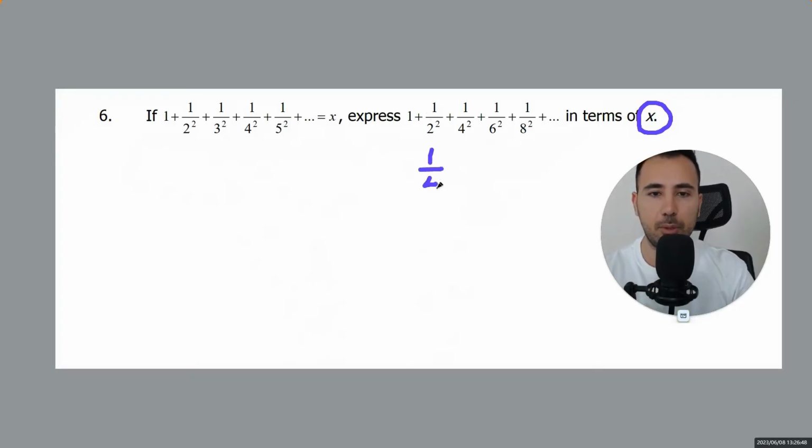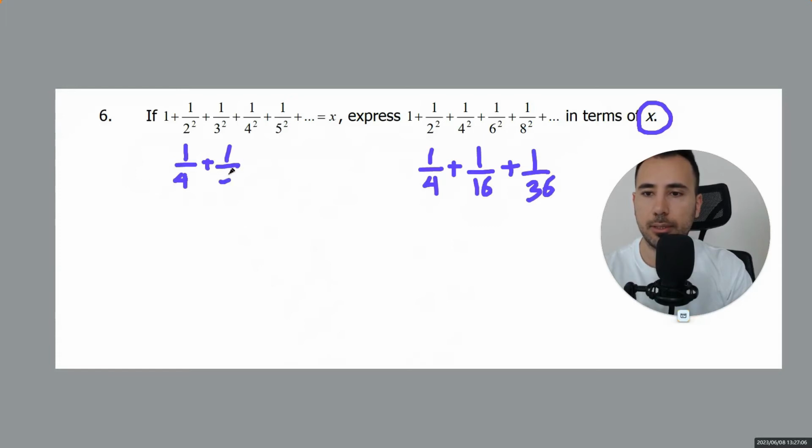This is going to be 1 over 4 plus 1 over 36. Now I want to write these. This is 1 over 4 plus 1 over 9 plus 1 over 16. This will be 1 over 25, one more term.